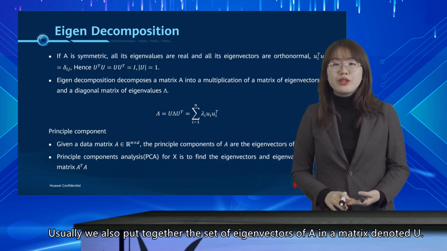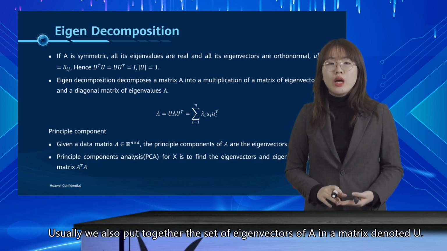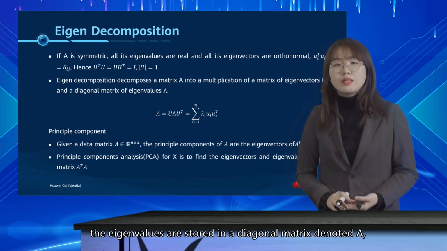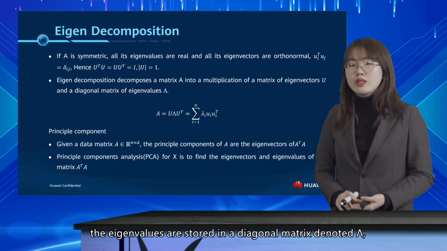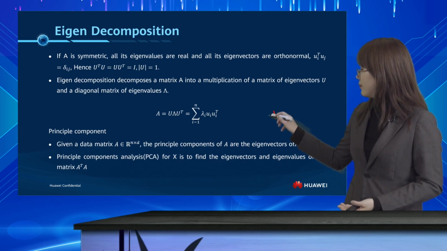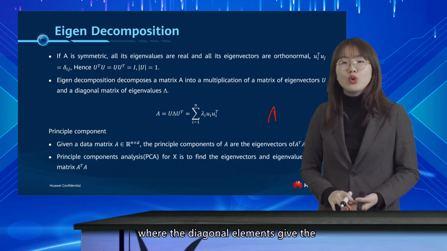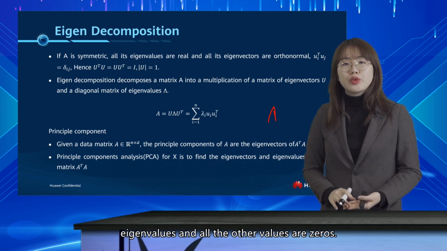Usually, we also put together the set of the eigenvectors of A in a matrix denoted U. Each column of U is an eigenvector of A. The eigenvalues are stored in a diagonal matrix denoted sigma, where the diagonal elements give the eigenvalues and all other values are zeros.